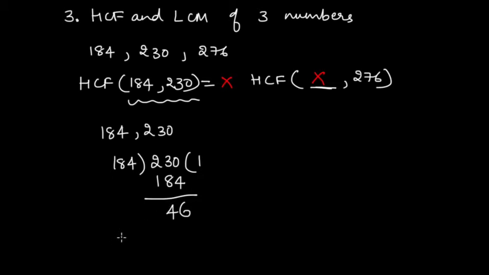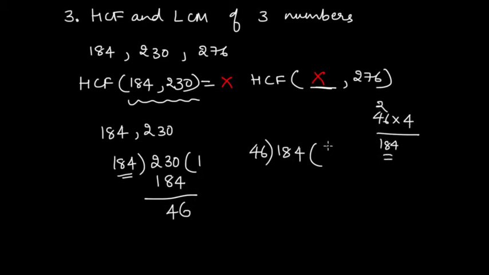Let's again do 46 on the side here, and we have to use this. So 184, 46 becomes the divisor, and 184 is the dividend now. So I think 46 times 4 should give us 184. That's right. 4 times 4 is 16, 184.